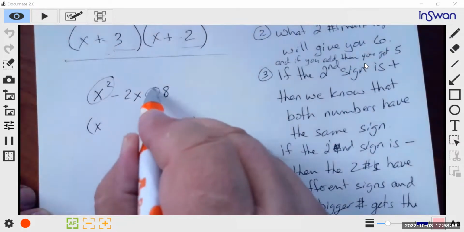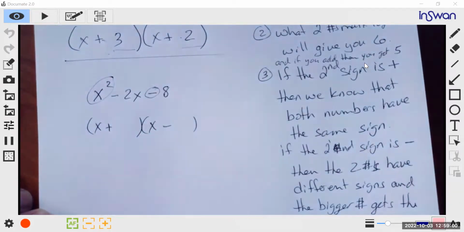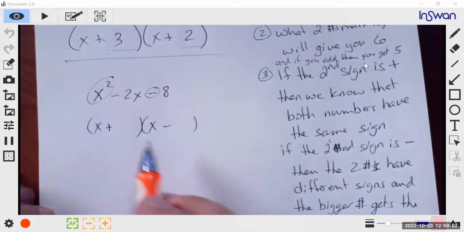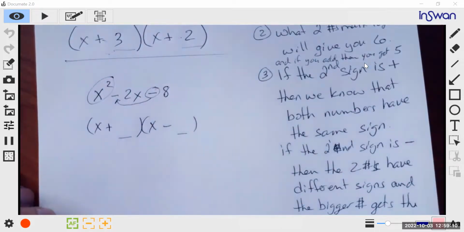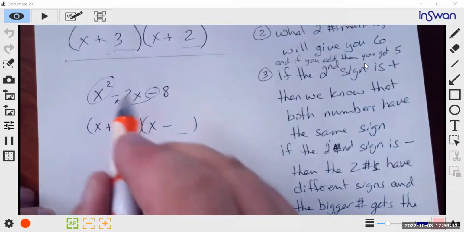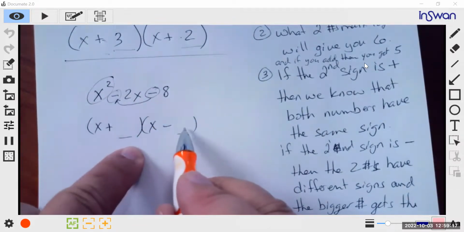Well, its second sign is negative. If that's true, that means they have to have different signs. The bigger number goes in which spot, the first or the second? Nope. The bigger number gets the first sign. Because if the middle sign is negative, that means the bigger number has to be negative out of these two.